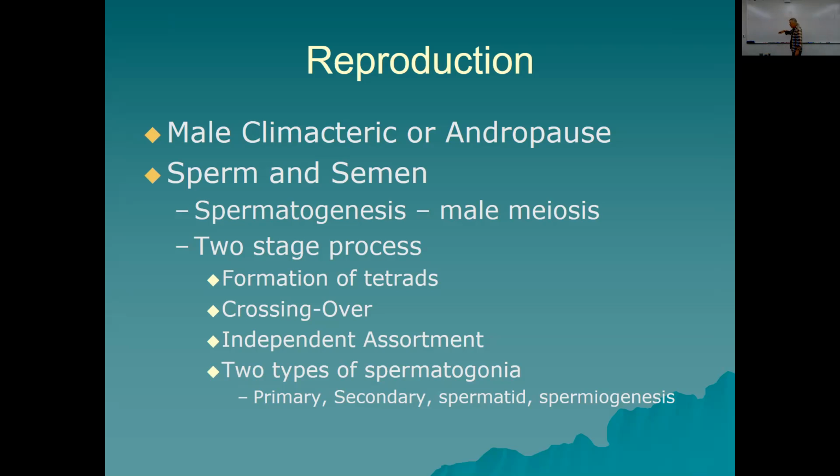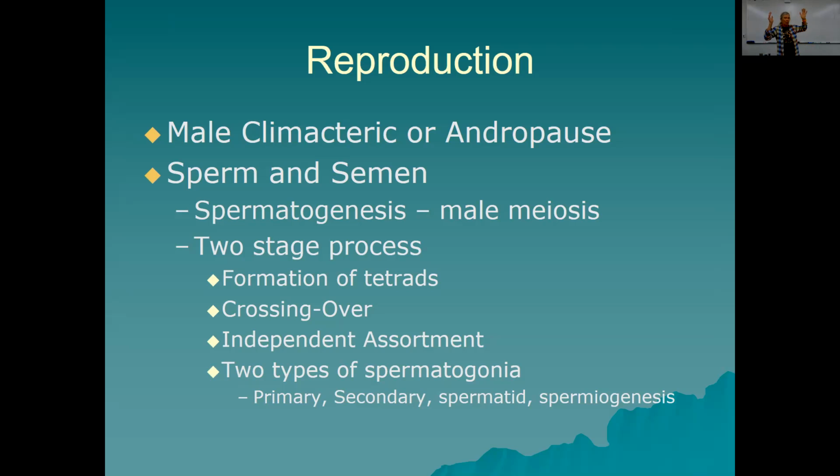Okay. Spermatogenesis, male meiosis, is a two-stage process. Remember, formation of tetrads, crossing over, independent sorting, we've already gone over this. And there are two types of spermatogonia. One type of spermatogonia just goes through mitosis and makes more spermatogonia. So men make spermatogonia their whole life. Females don't. They made all the oogonia they were going to make as fetuses.